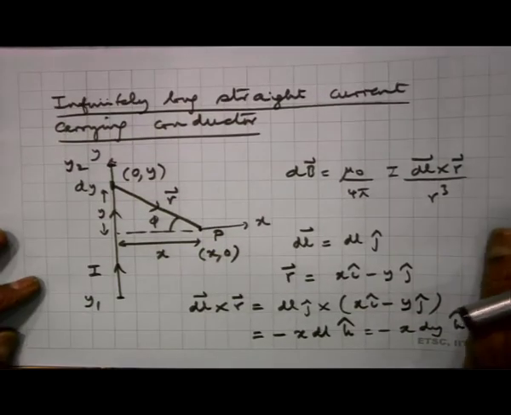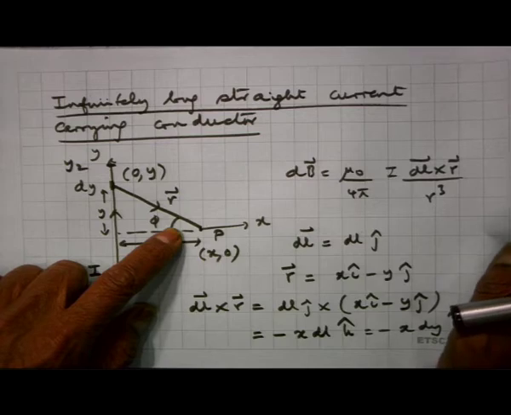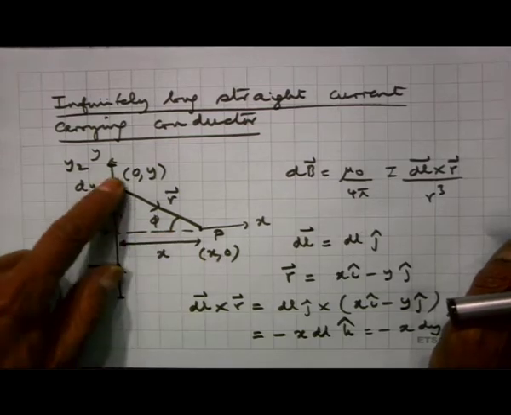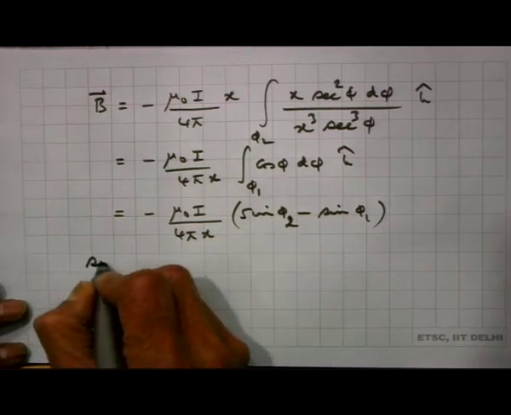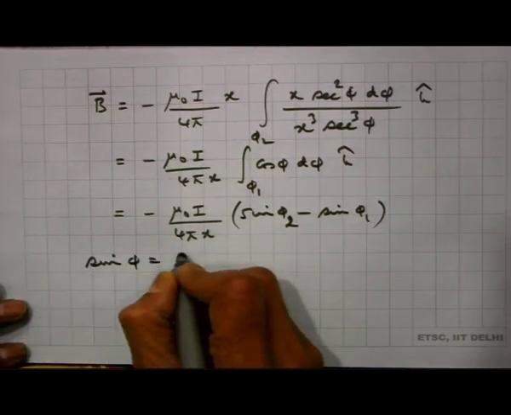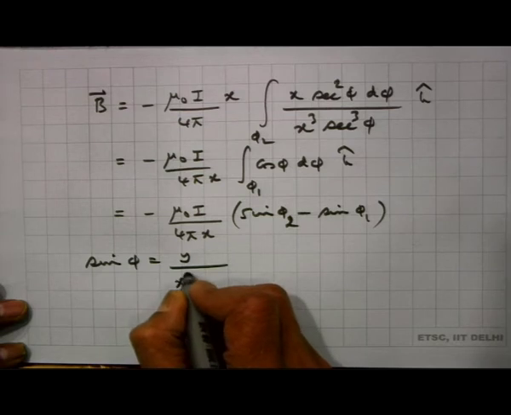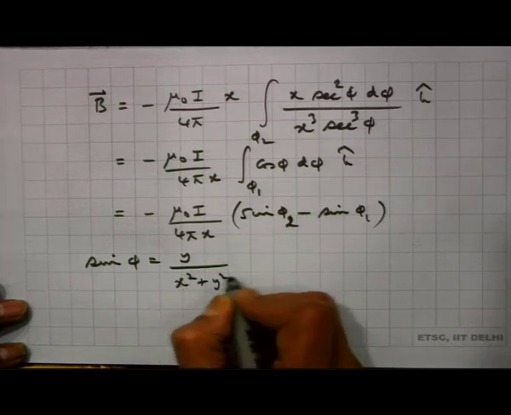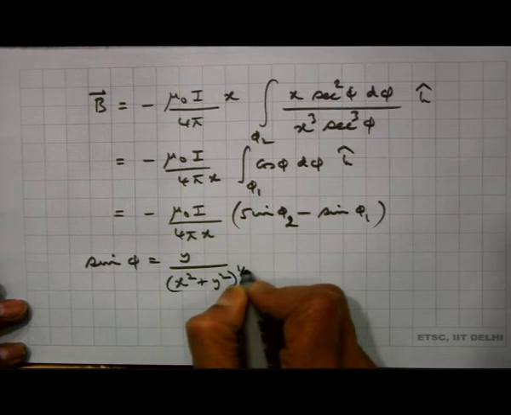Now, what is sin of the phi? Sin phi is nothing but y divided by this distance. So, sin phi is nothing but y divided by x square plus y square raised to half.